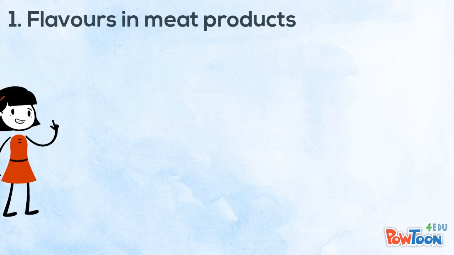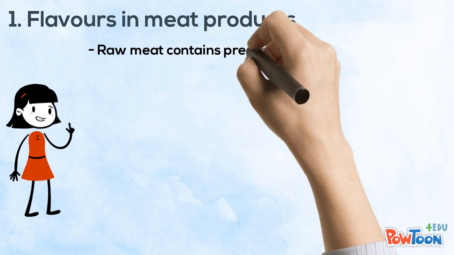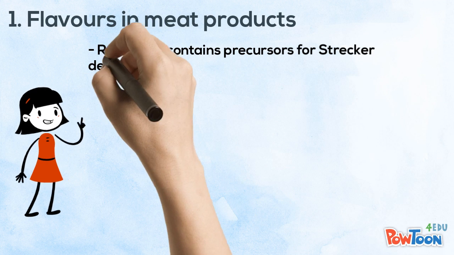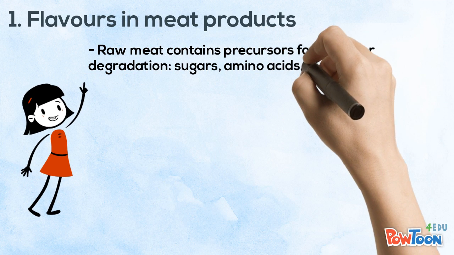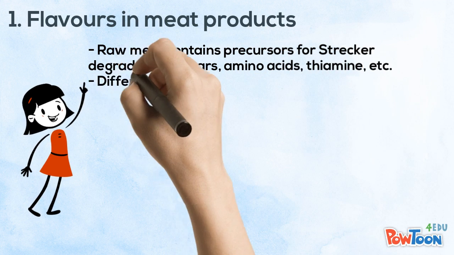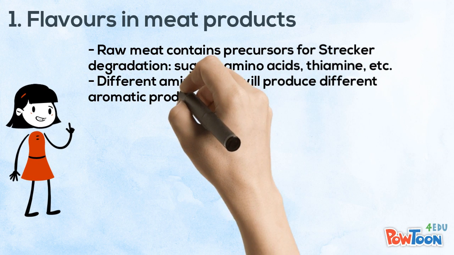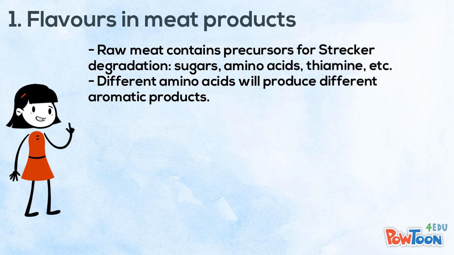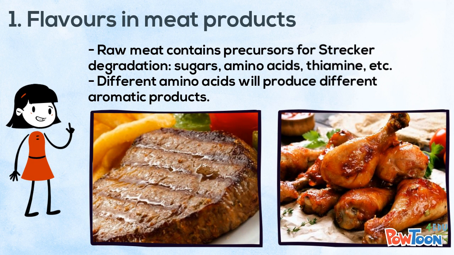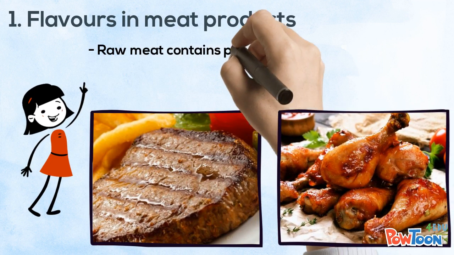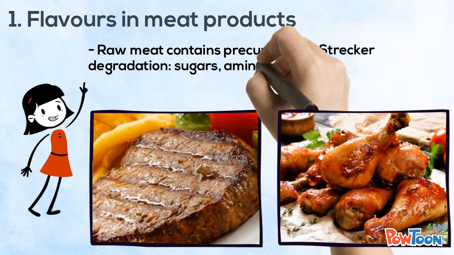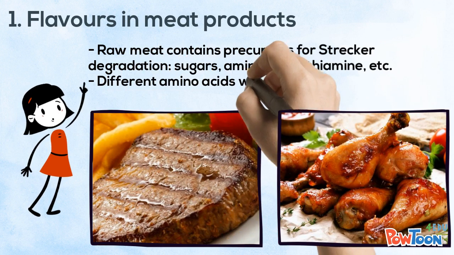Raw meat contains precursors for the formation of aromatic molecules such as sugars, amino acids, ascorbic acid, and thiamine. Via cooking, many reactions, including Strecker degradation, occur to form aromatic compounds. In Strecker degradation, different amino acids will produce different products.